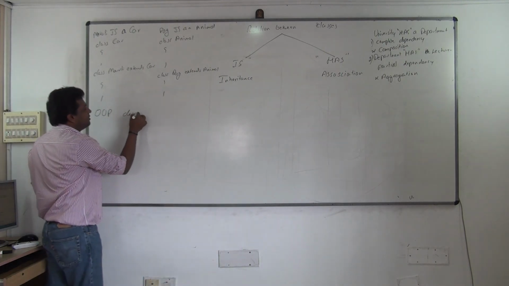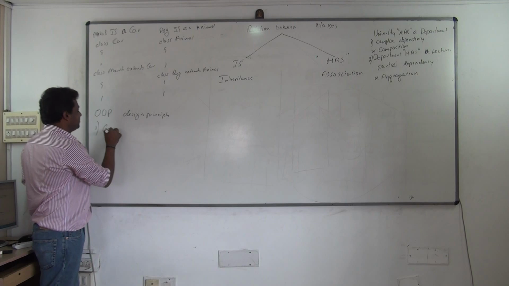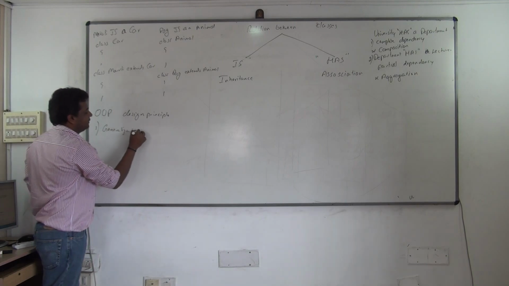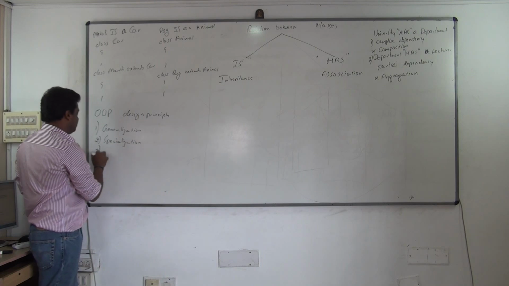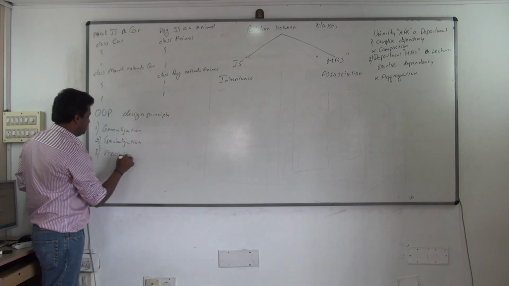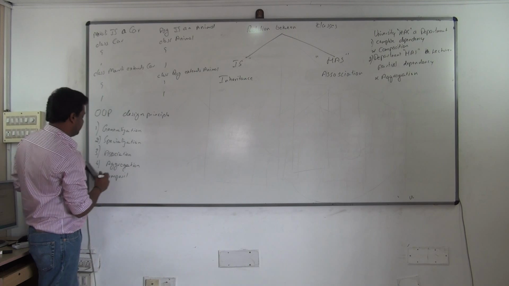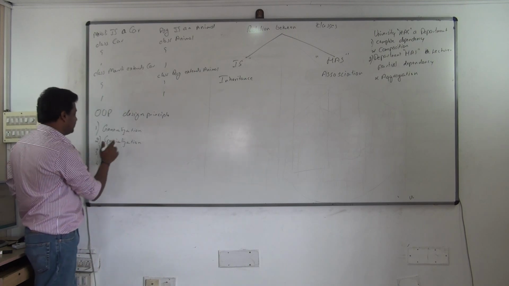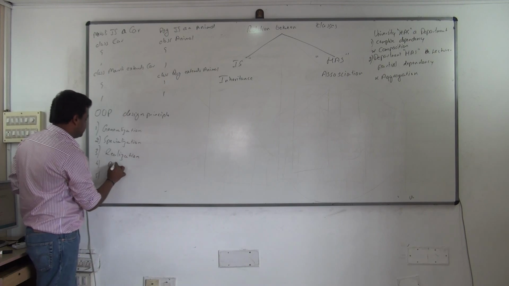In OOPS design principles, some words are there. First one, generalization. Next one, specialization. Then realization, association, composition, aggregation.